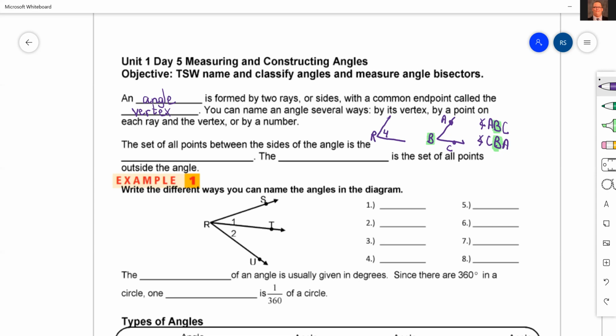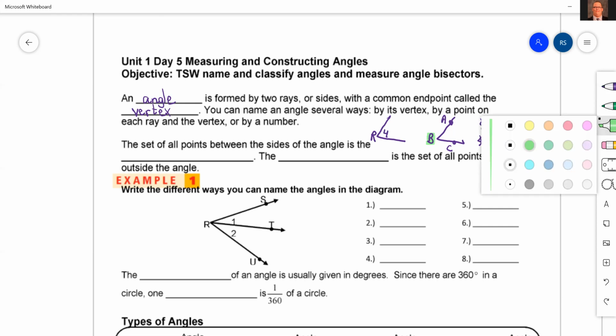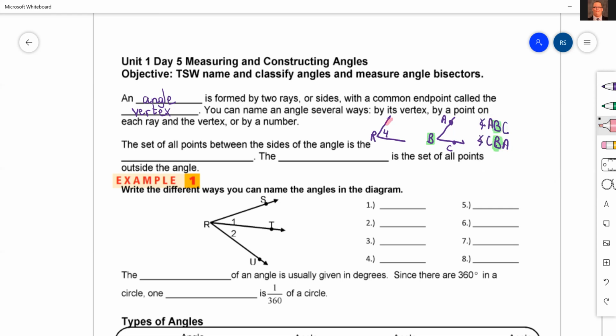The set of all points between the sides of the angle, so everything in the middle, kind of going off of what we drew already. I'll do a pink. Like if the set of all points in the middle here is the interior.